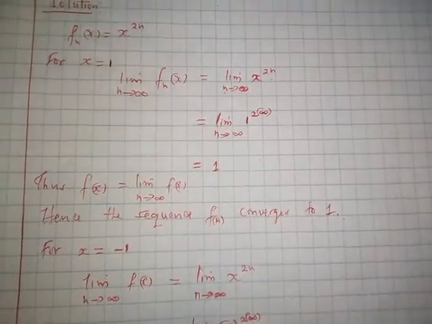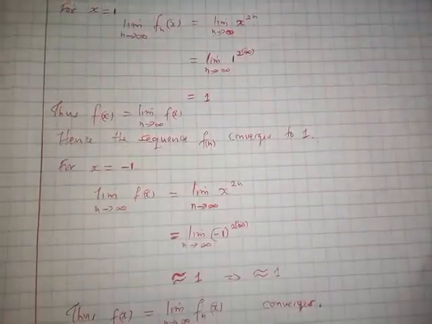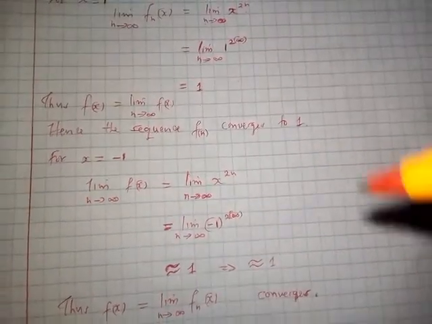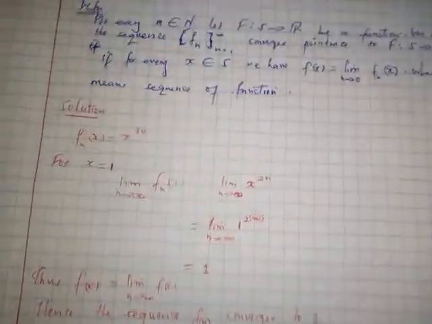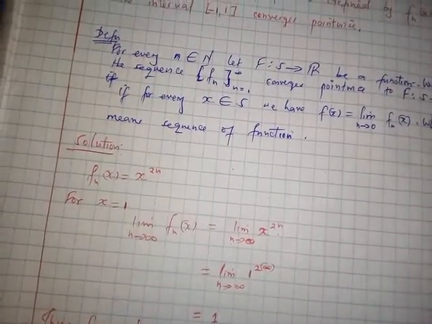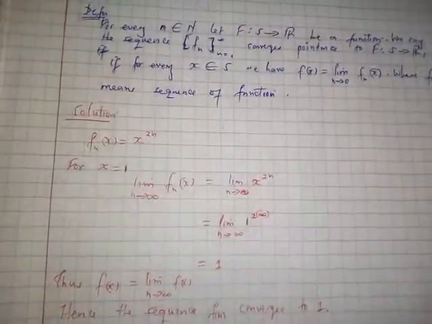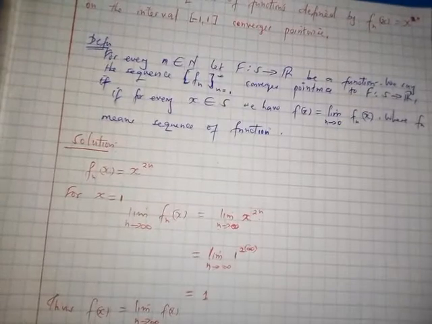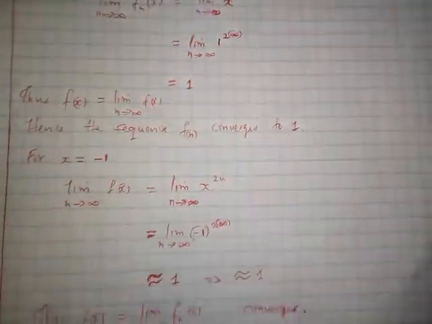And so we have shown that the sequence of functions defined by f_n(x) equals x raised to the power 2n on the interval [-1, 1] converges pointwise.